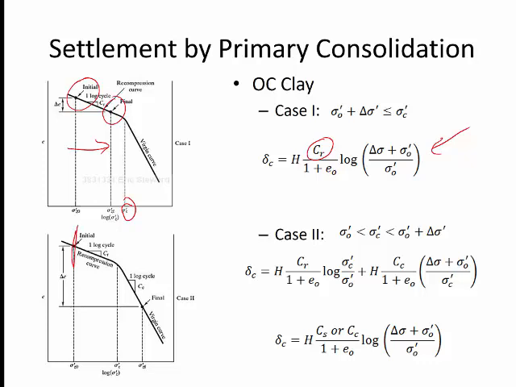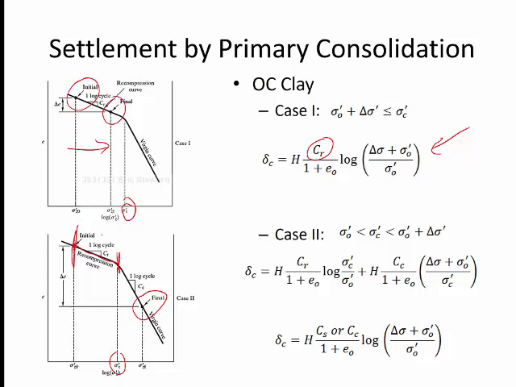If we start with an initial stress on the left side of the pre-consolidation pressure, but then end up on the right side of it, now we have a two-term equation that must be utilized. The behavior of the soil from the initial stress up to the pre-consolidation pressure will follow one behavior.